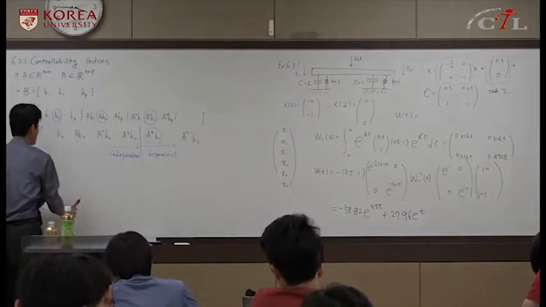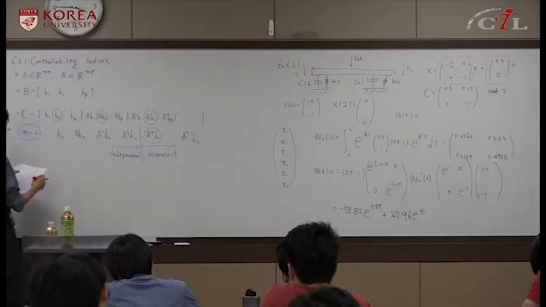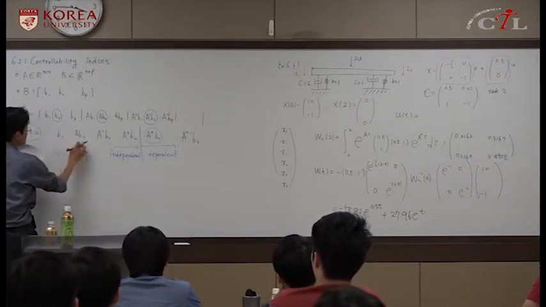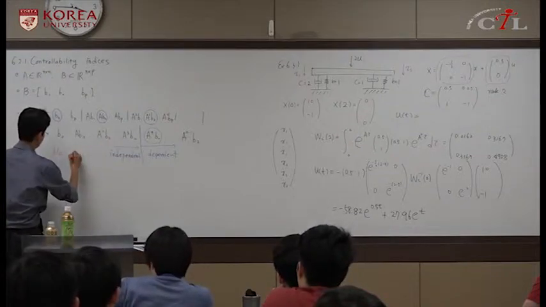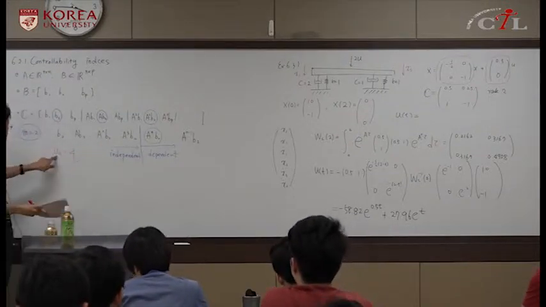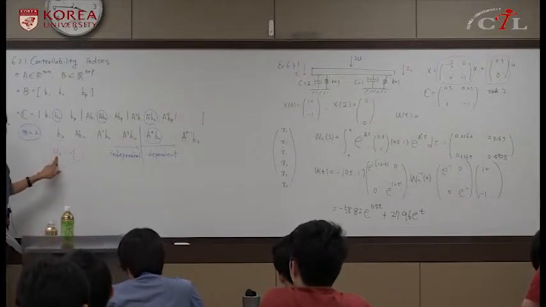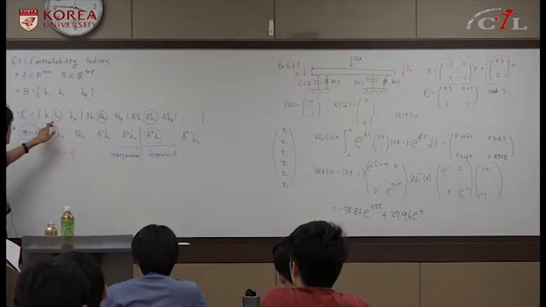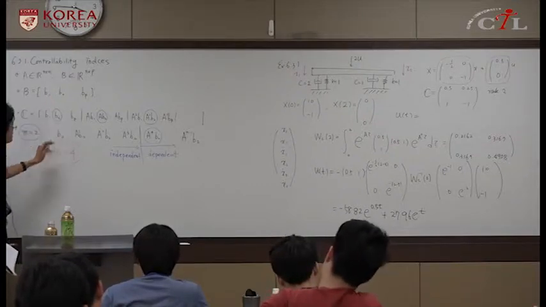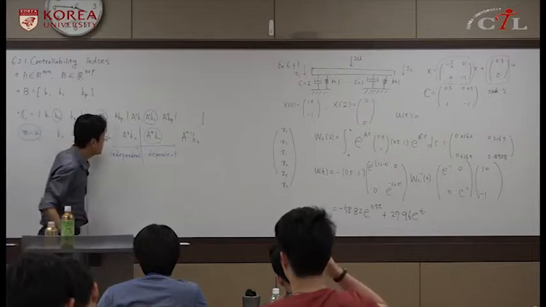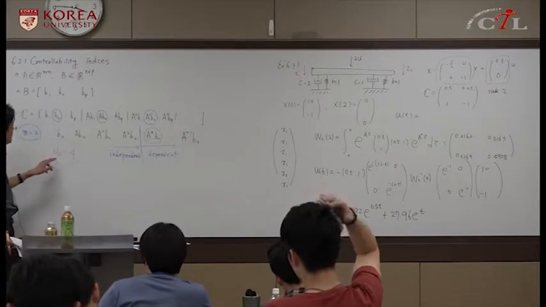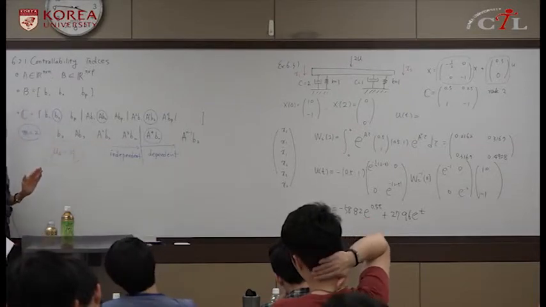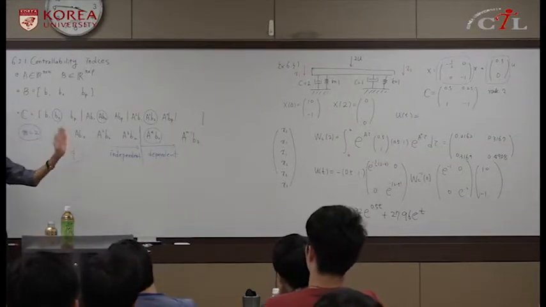Then we say mu 2 is 1, 2, 3, 4. Mu 2 is one of the controllability indices. So given the second column, if I write all the terms like this, it's independent up to 4 columns, and afterwards, they are dependent.